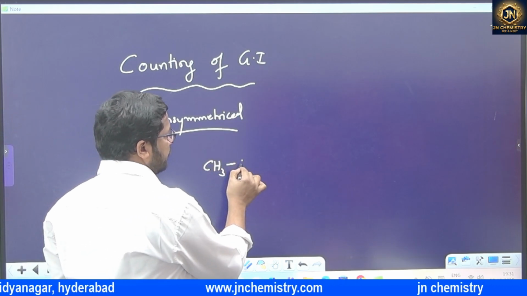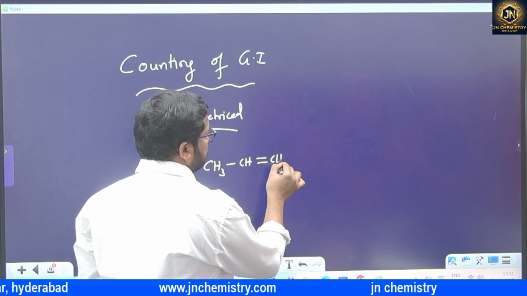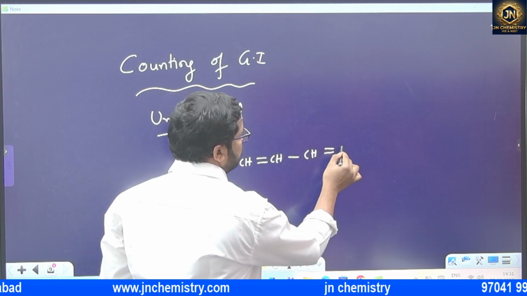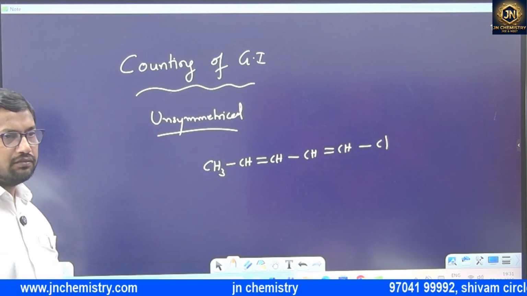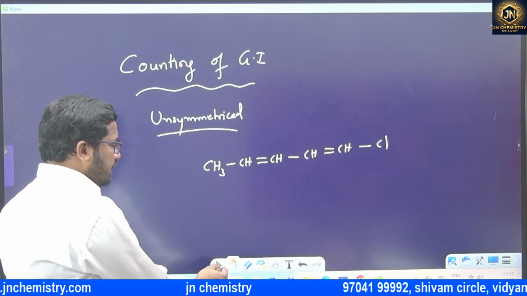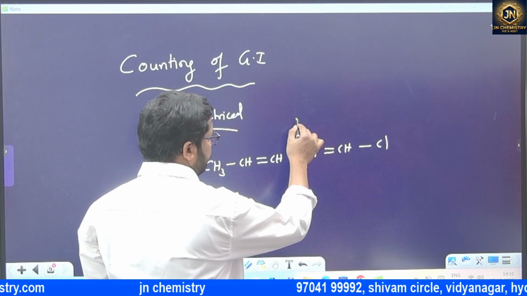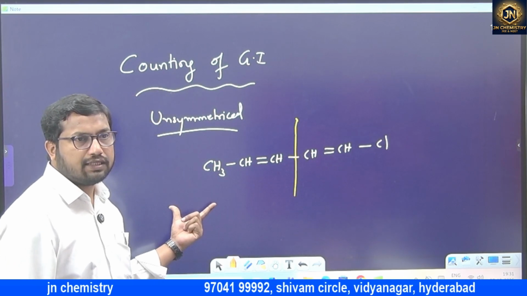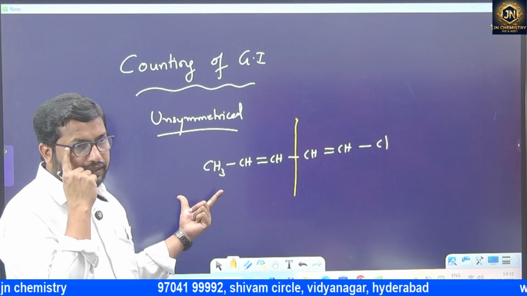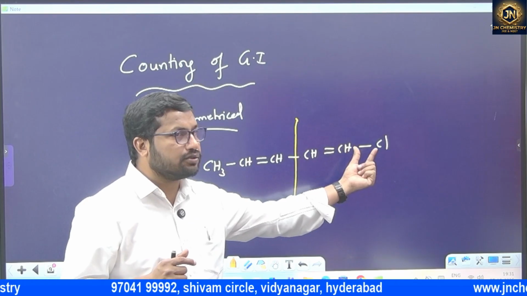For example, CH3, CH double bond CH, CH double bond CH, for example, Cl. If you cut equally, are these two equal parts the same, symmetrical, or unsymmetrical? Unsymmetrical. Symmetrical would mean here is CH3, here is also CH3.